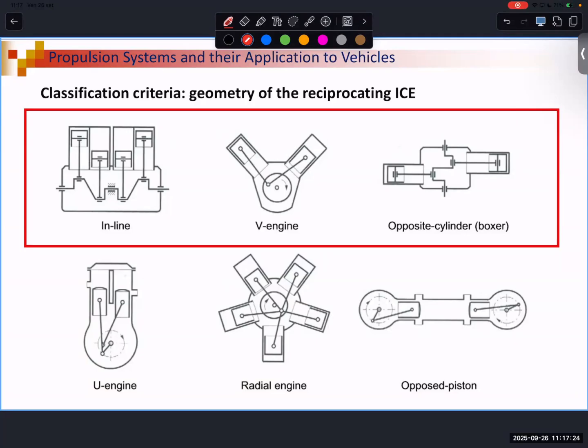So for instance, this can be adopted when the number of cylinders is 6, 8, or even more. Opposite cylinder, here I have boxer. Sometimes someone distinguishes between boxer and opposite cylinder, but anyway, we will enter the detail afterwards.